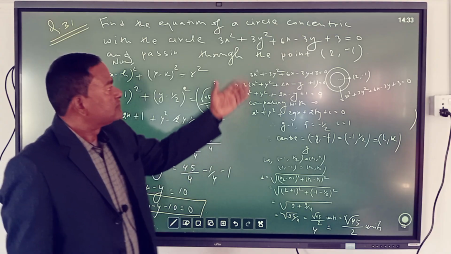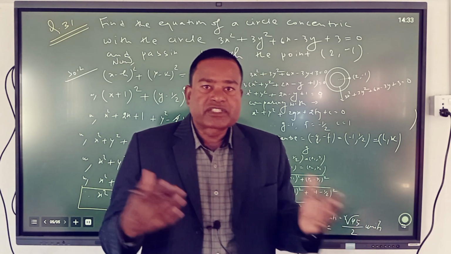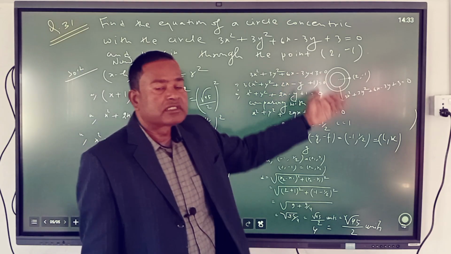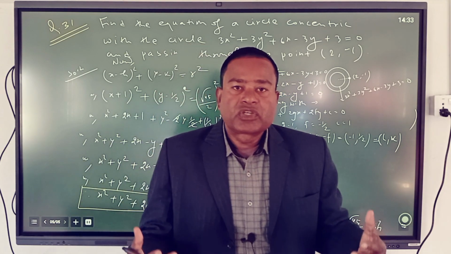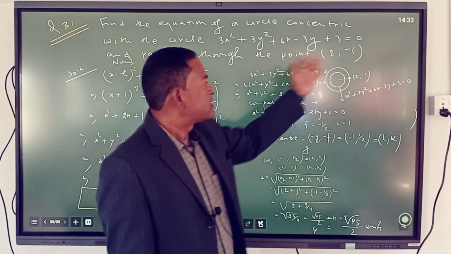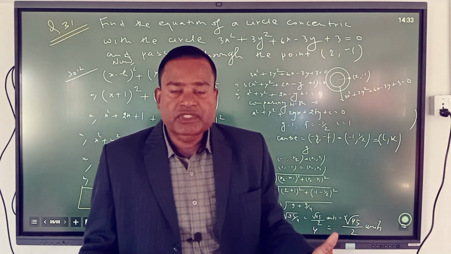Dear students, here in this question we are given concentric circles. That means we are given circles having the same center, and we have to find the equation of a circle passing through the point 2, minus 1.